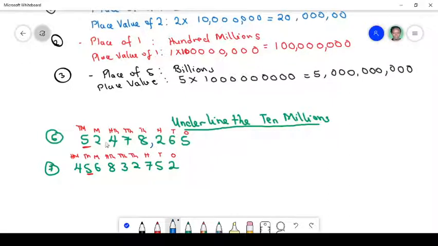So you already know that you are in the millions. When you're calling this number out, I have 52 millions, then the thousands column, I have 478,265.